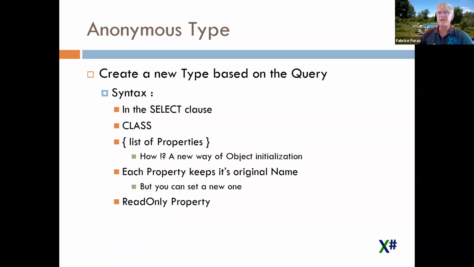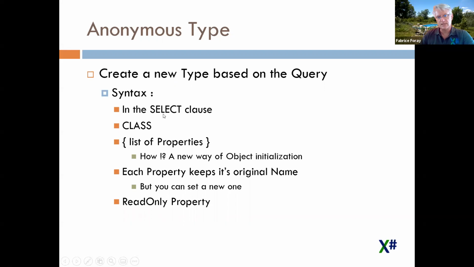Okay, in fact, you can go a little bit further. You can create a new type of object based on the query. It is part of the select clause. So remember, first I was selecting an object, or I was selecting a property of that object. But if I'm using multiple collections, I can now create a new type of object, which is a kind of composition of both.